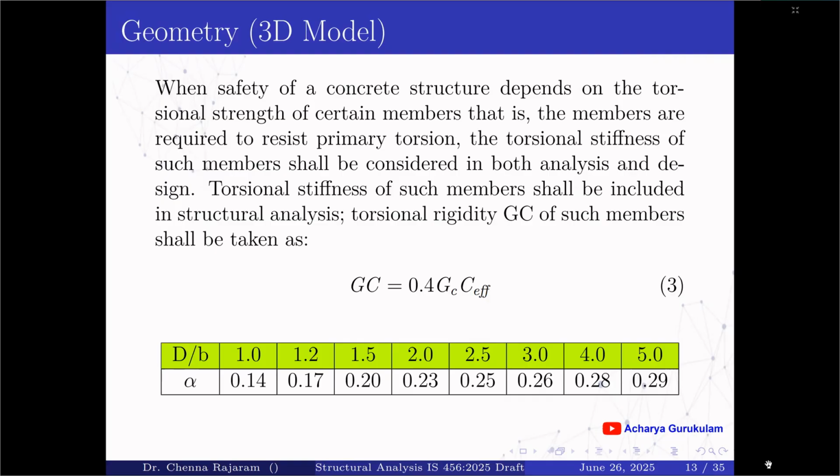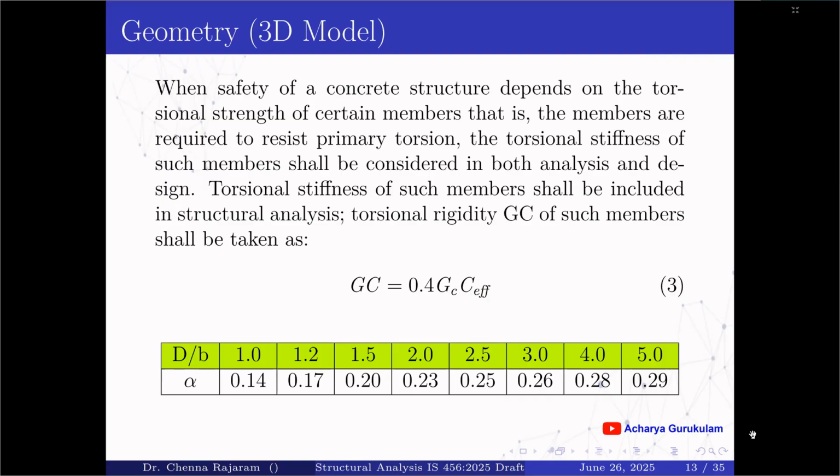C is the torsional constant, which is equal to 0.5 K, and K is the Saint-Venant torsional constant of gross plain concrete sections of rectangular web without considering the flange, which is equal to alpha into D b cubed, where b is equal to the smaller dimension of the member and capital D is the larger dimension of the member, and alpha is the factor to estimate the Saint-Venant torsional constant.